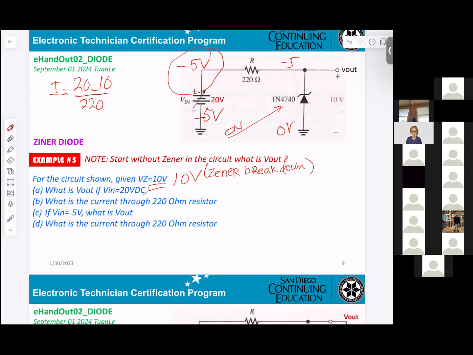The thing is, 0 volt and the other one -5, 0 is greater than -5, and the diode is on. Substitute the diode by a battery, negative here, positive here.